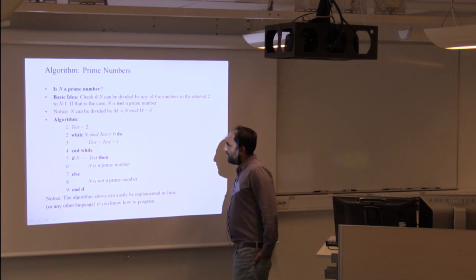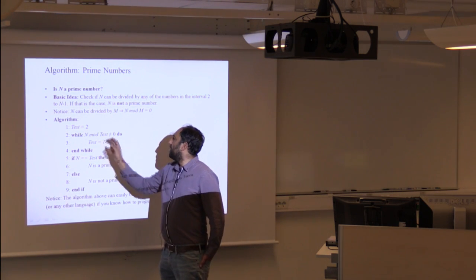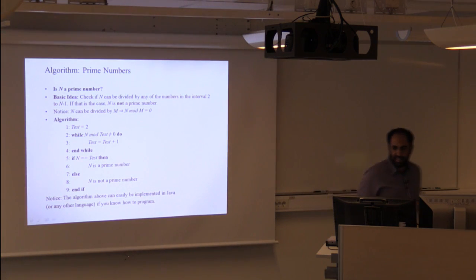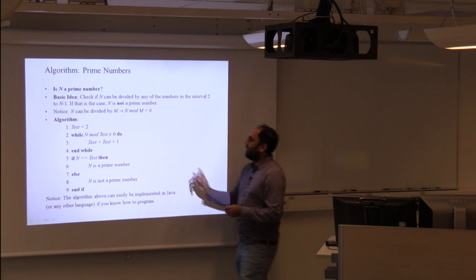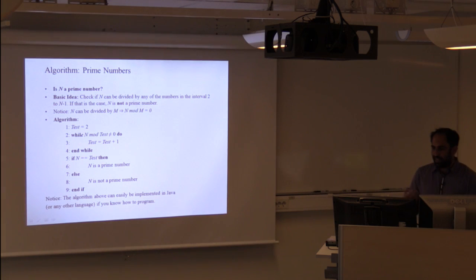The loop says that we keep dividing n by test as long as the remainder, the modulus, is not equal to 0, and every time we repeat this test, we increment the value of test by 1.